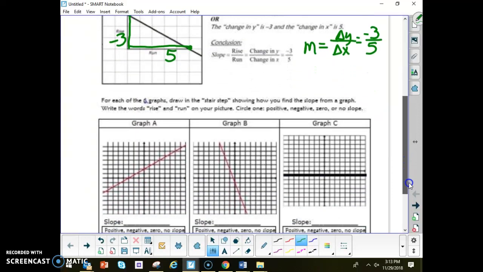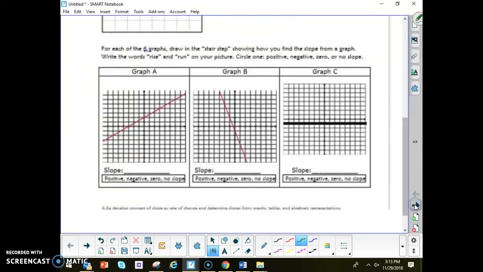You can also show a staircase. So when I'm looking at this graph, I need to find points that are right where the x's cross. Boy, I really should have calibrated this thing.